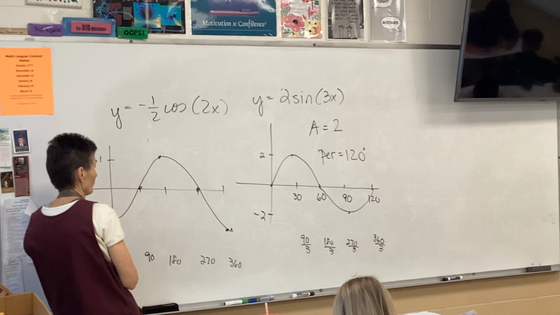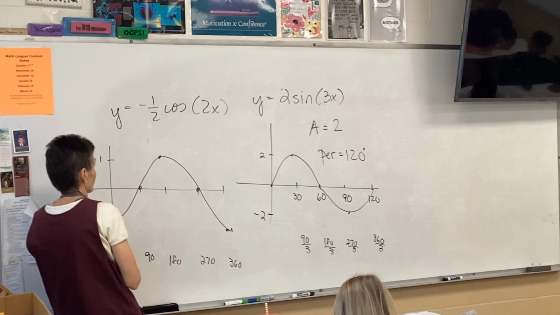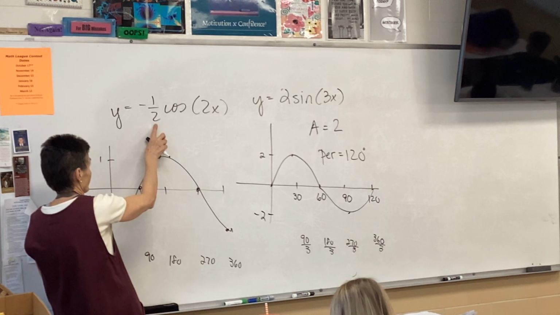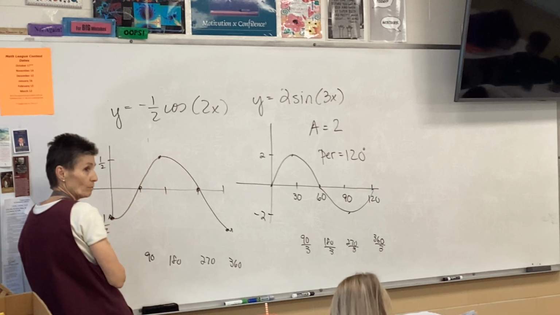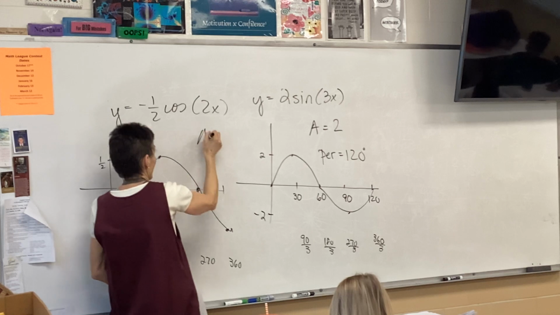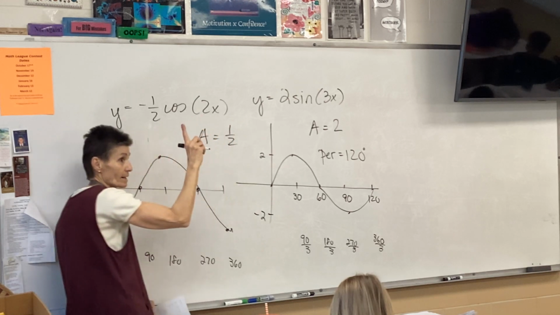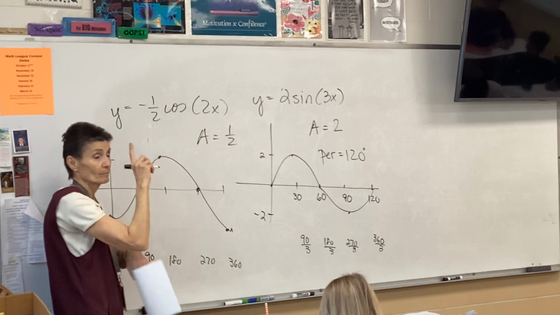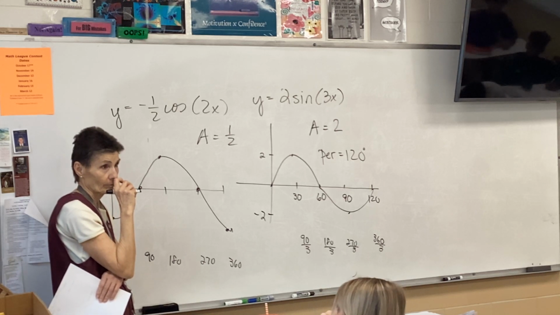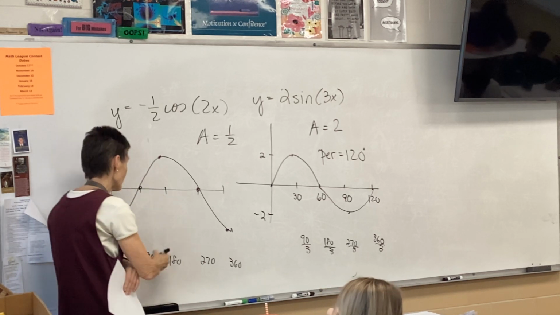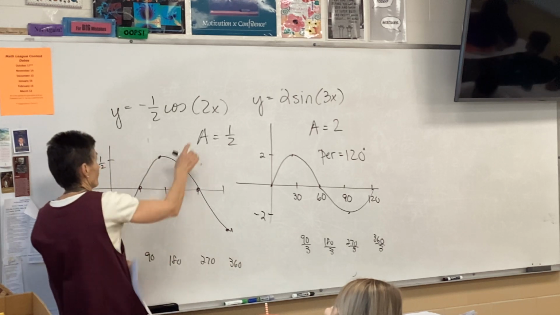Okay, now how about labels? This y-axis will be 1/2 and negative 1/2. So my amplitude is a half, positive. What about these? What's happening to these?